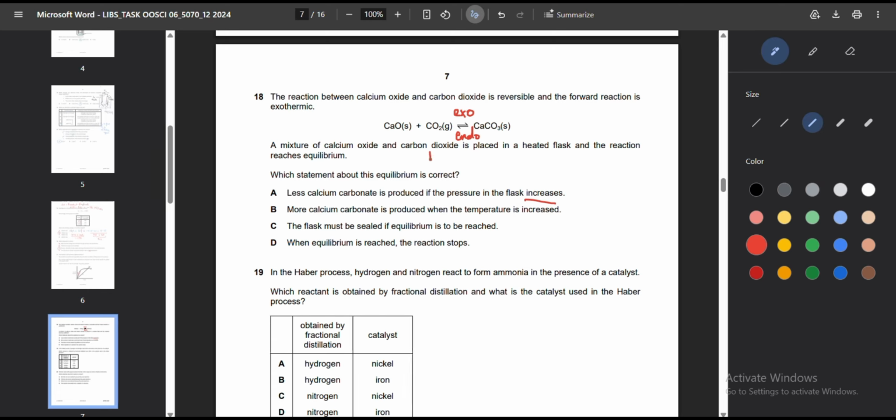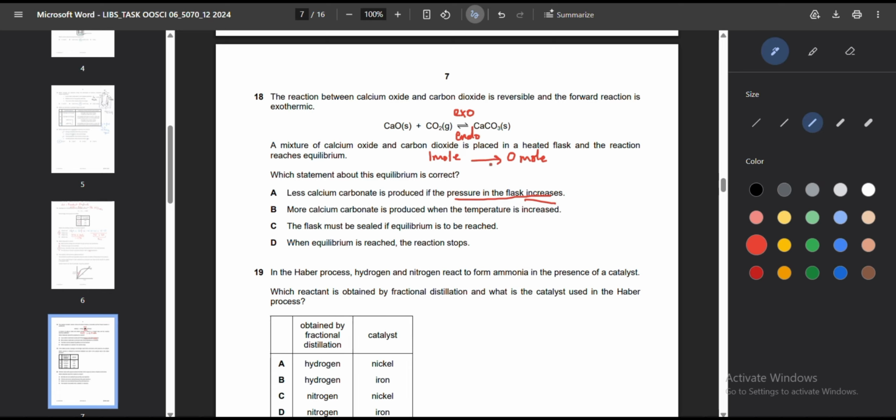So we have 1 mole of gas on the reactant side, and on the product side there is no gas, or you can say there is less volume of gas. So if the pressure in the flask is increased, the reaction moves in the direction where the volume decreases. By increasing pressure the volume decreases. So that means the reaction must move in the forward direction where the volume is decreasing.